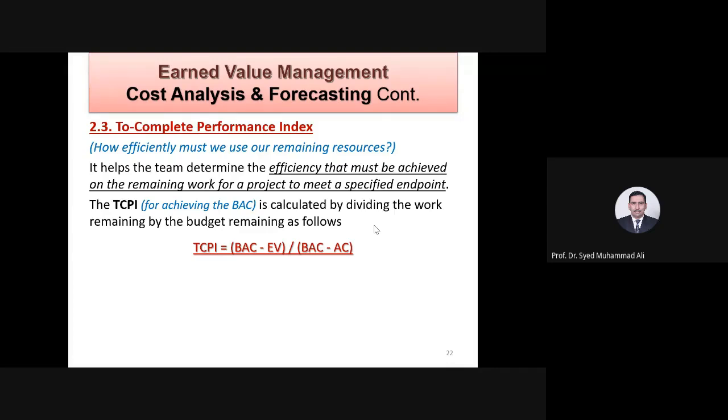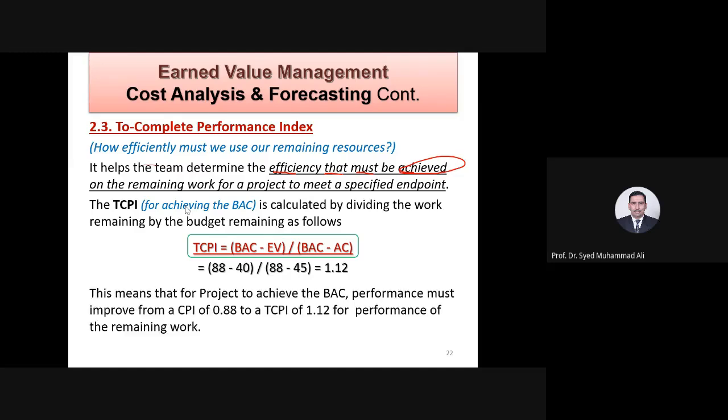This is the formula. It helps you to determine the efficiency that must be achieved. How efficient should you be for the remaining work from this point onward? You have to be 112% from the planned value.